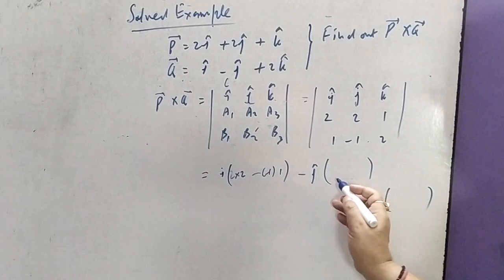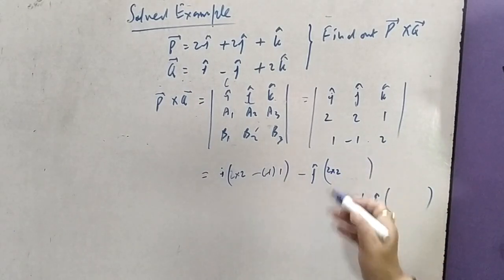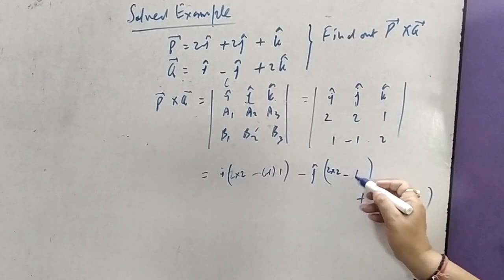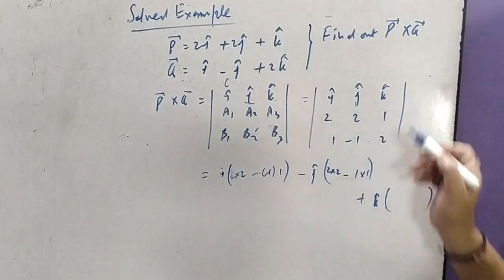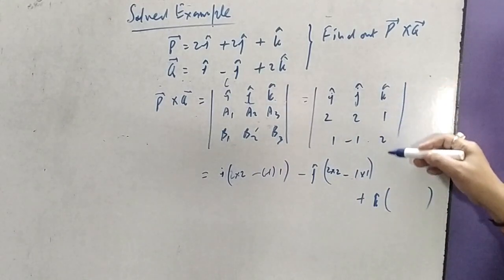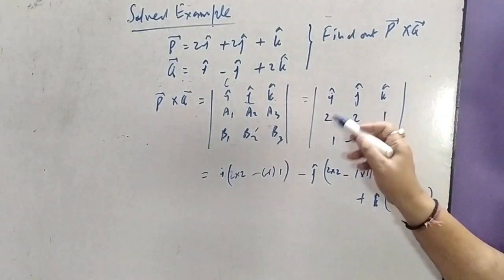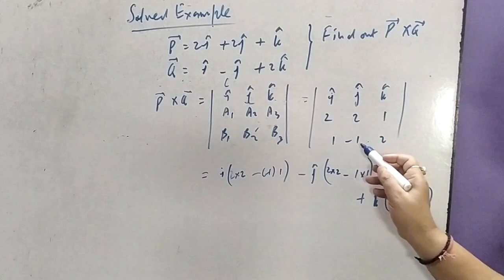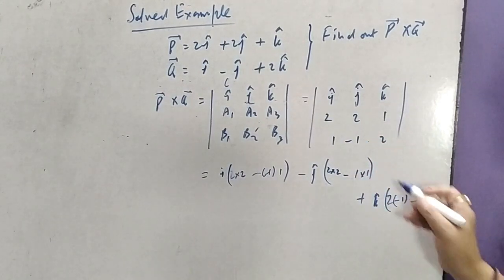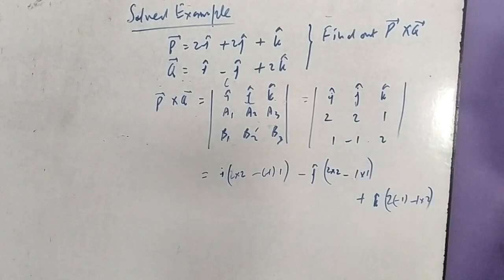That means 2 into 2, minus 1 into 1. जब k की बारी आएगा तो then we have to ignore this column and this row. Again we have to deal with only these two rows and column. Then 2 into minus 1 minus 1 into 2.